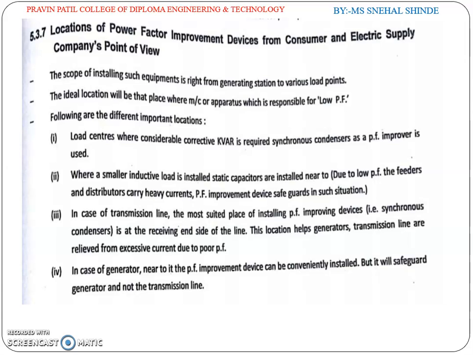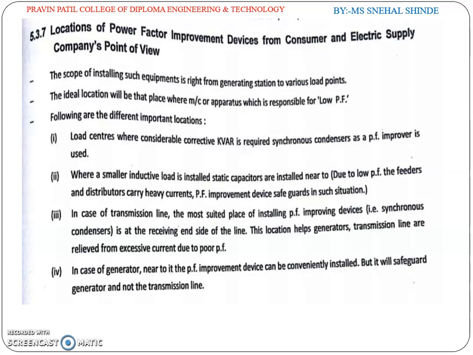Synchronous condensers are used at load centers where considerable corrective kVAR is required, whereas static capacitors are used in smaller units and may be placed closer to the point where the load of inductive nature is installed. This relieves the distributors and feeders from the excessive current owing to the low power factor.